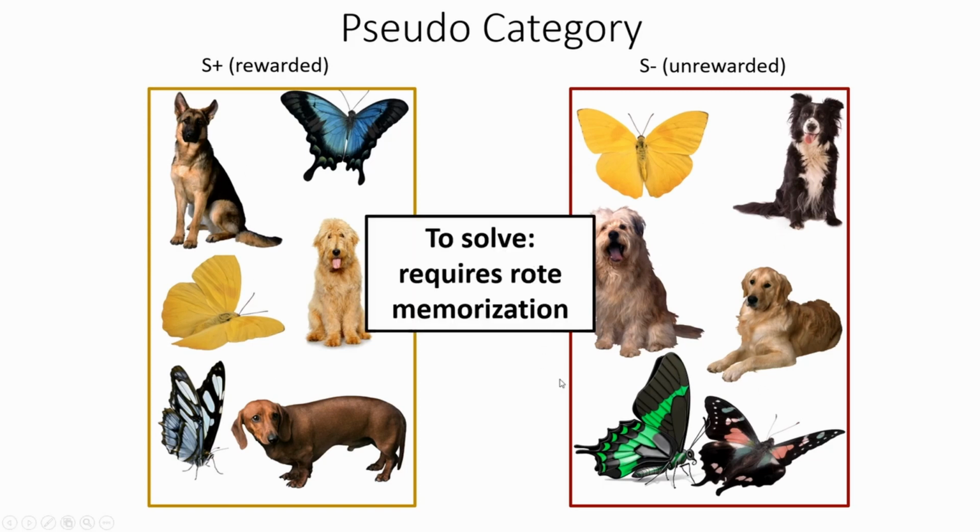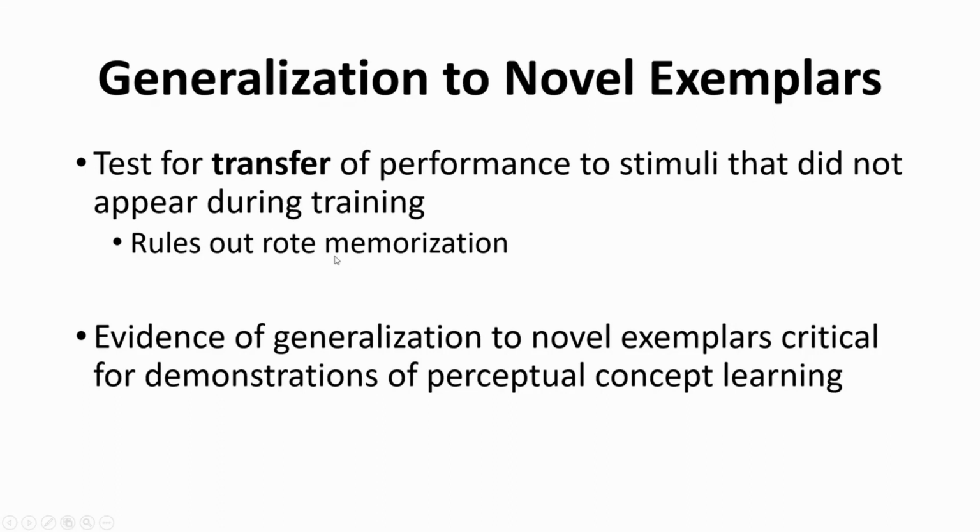So you have to rely on rote memorization to remember which ones get you food and which ones don't. In an experiment, you would train up multiple groups. Some are true category groups, where they can learn a category and just use that basic rule to learn the discrimination. Some would get a pseudo-category, and they have to memorize each instance in order to get the food.